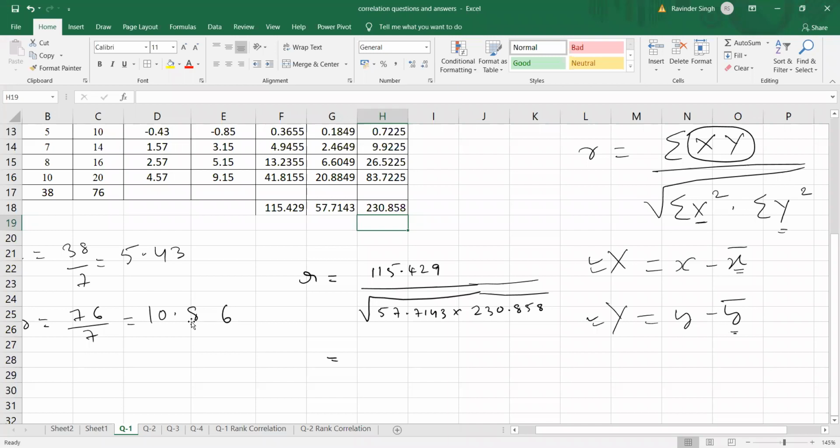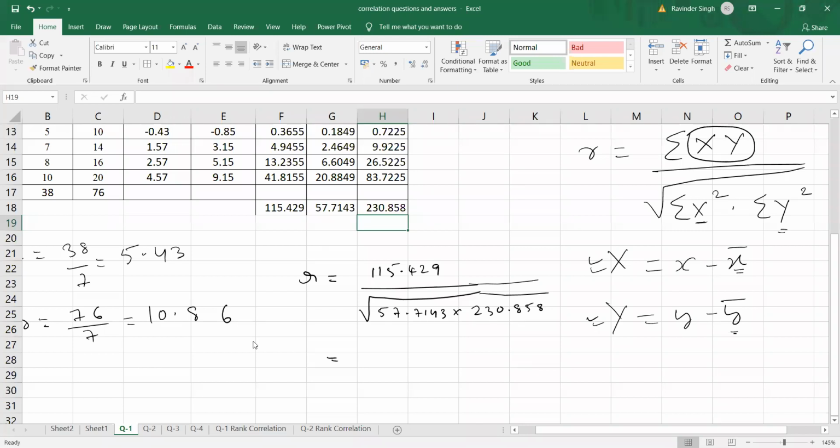Can you tell me what is the value you are getting? Are you doing it? So 57.7143 into 230.858. So the square root of answer is 115.